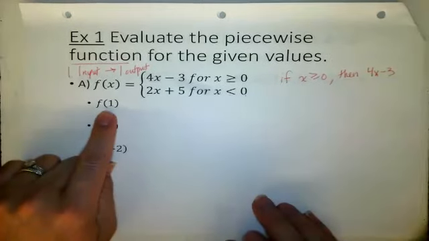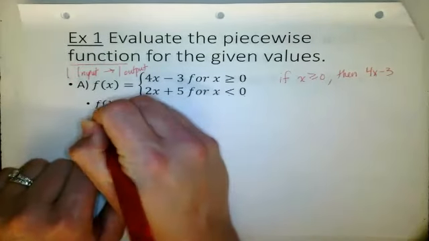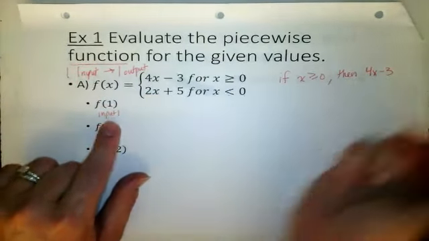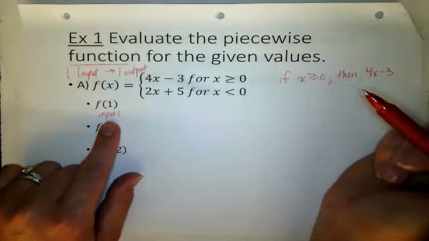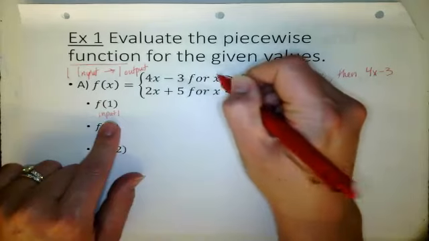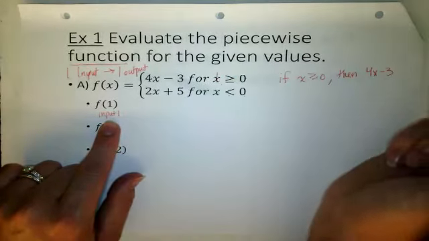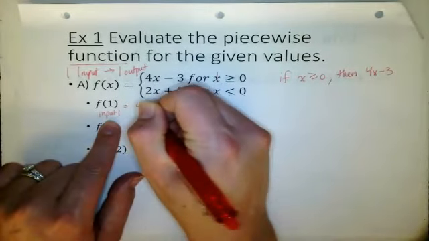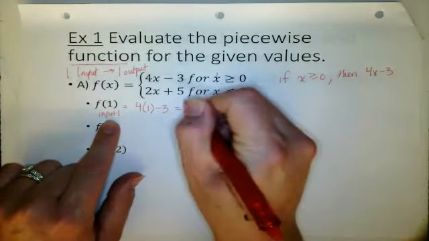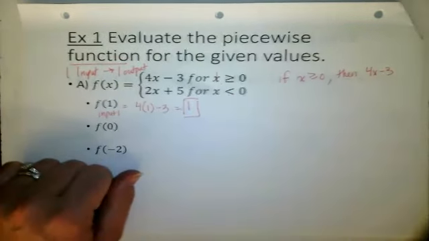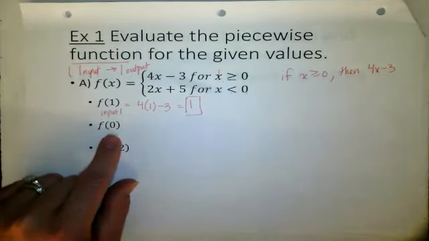So if I'm looking at f of 1, what's it telling me to do? Input 1. Where are we going to input 1? The top one, because 1 is greater than 0 is a true statement. So 4 times 1 minus 3 gives me 1. So f of 1 equals 1. F of 0, what is that telling me to do?